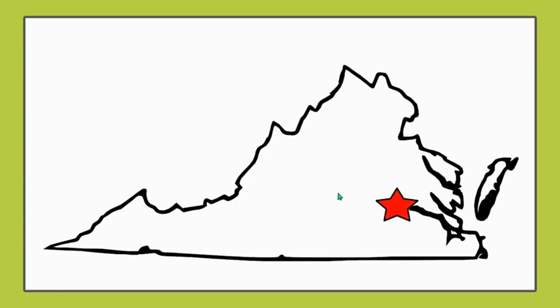And this star right here shows us where Richmond is. I made it a star because Richmond is the capital of Virginia. Each state has a capital. This other star here is not in Virginia, but it's touching Virginia.